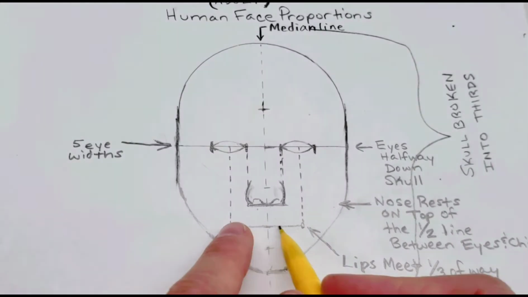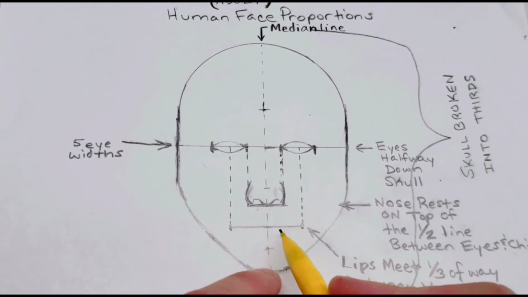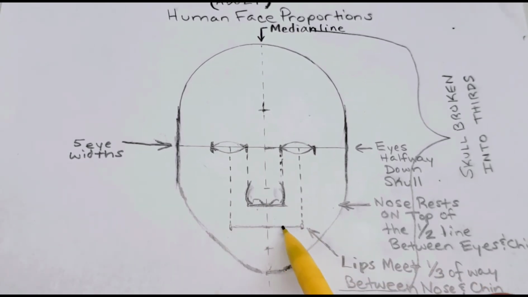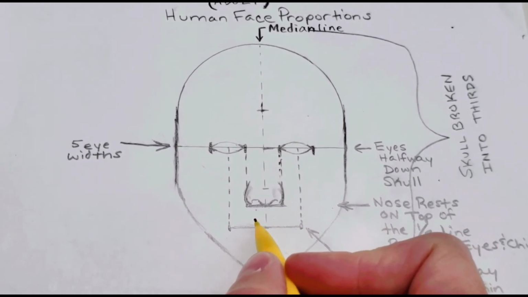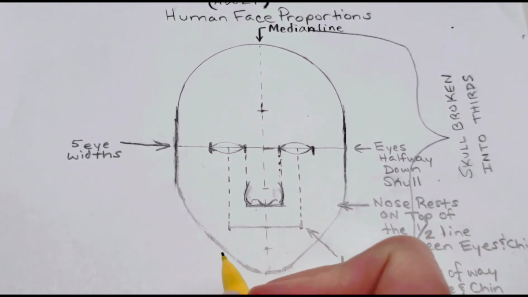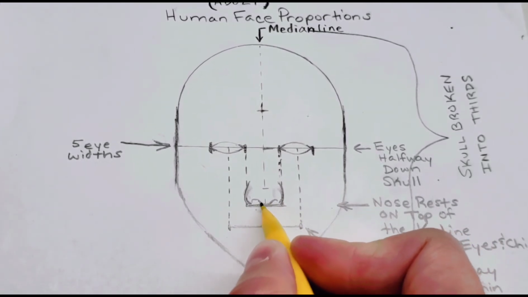Underneath that, you have your mouth. And remember, the lips meet a third of the way between here and here. And since your lips meet here, you can have any size lips. You can have very full lips or very thin lips. It doesn't matter. So right here, we're going to do what is known as the Cupid's bow. And we're going to label this. It is the shape of your nose right here.